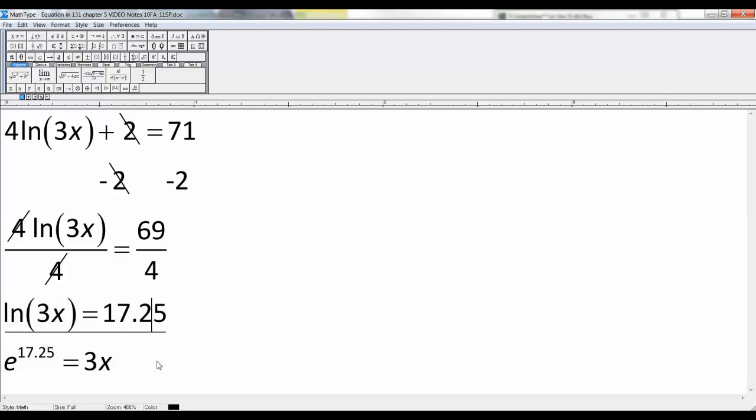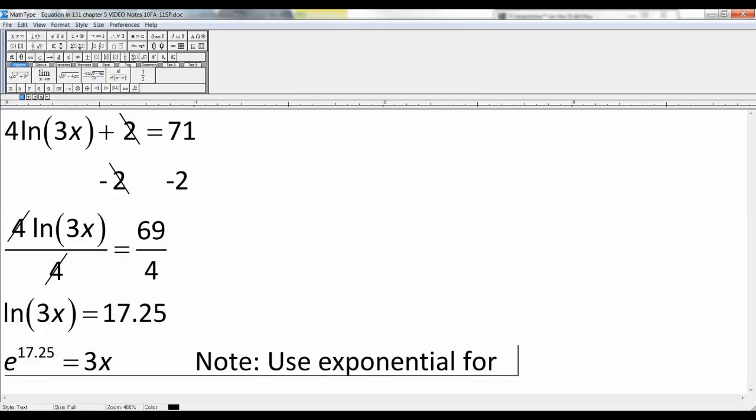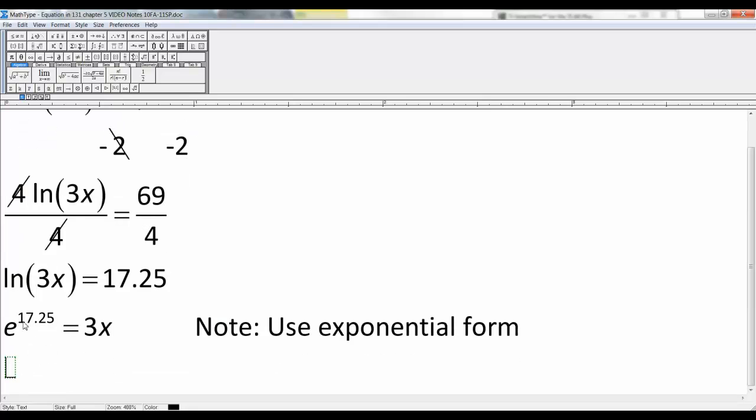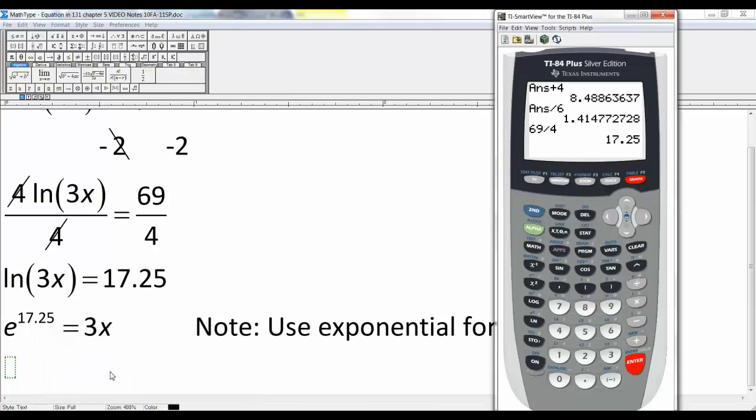So I guess I'll just make a note: use exponential form. Okay, so e to the 17.25 is something to find with a calculator. Second e, right there above your ln button, to the 17.25.